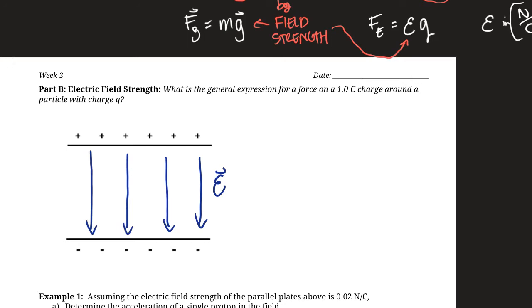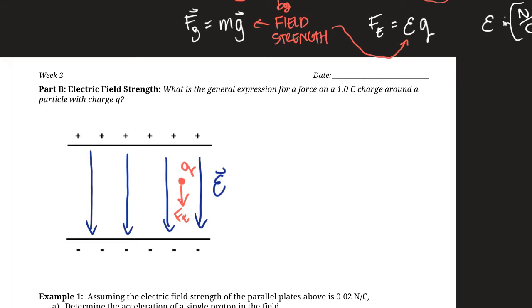And if we put a charge in that field, the force that's applied on it, let's use red, is just going to be the amount of charge times the field strength, the epsilon.